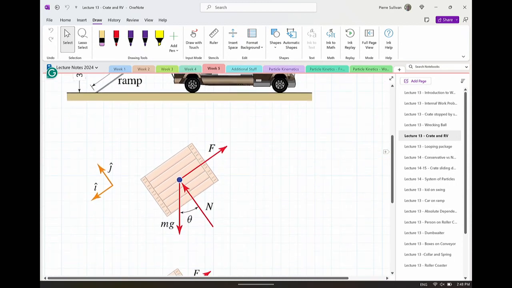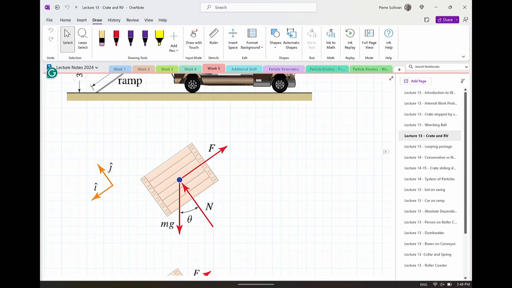As is usual, I will try and define a coordinate system that goes in the direction of motion. So my x-coordinate is going in the direction of motion. My y coordinate is normal to the ramp. And so I have force of friction, which is acting up the ramp in opposing motion, as usual.